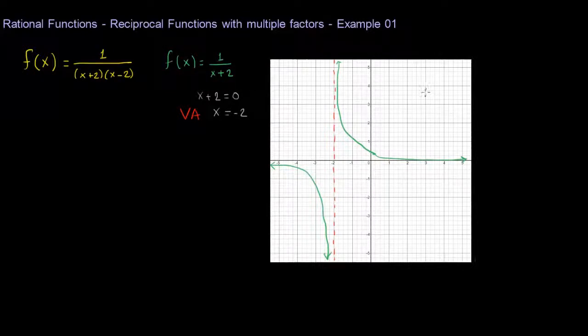And now the question is, how would this change with the yellow one, with this other version? Now I'm going to point out something to start noticing differences, and I'm going to add something new for this function. As you can see from the graph, there is a point where the green function f of x touches the y-axis. So how do we find this y-intercept?